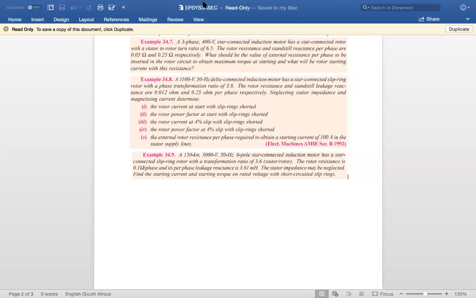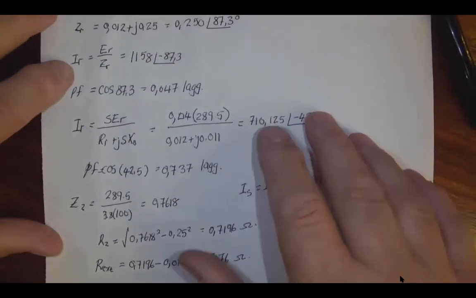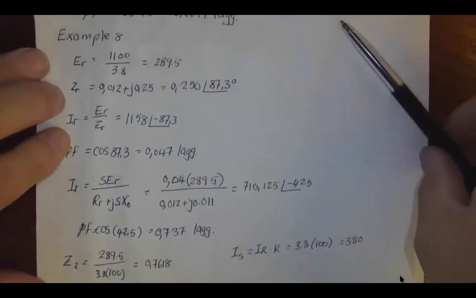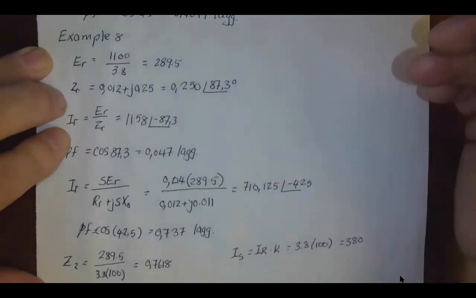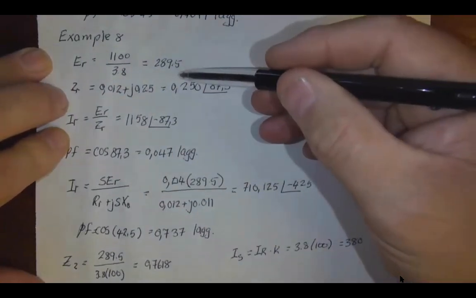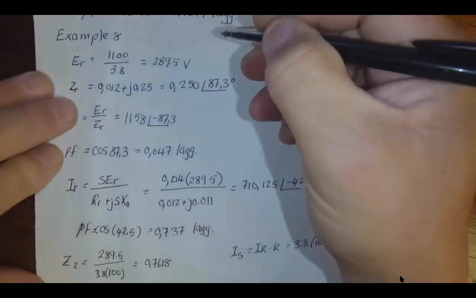Right, so what we're going to use now is the transformer equivalent circuit. So, first of all, rotor voltage is 1100 divided by 3.8, which gives us a voltage of 289.5 volts.